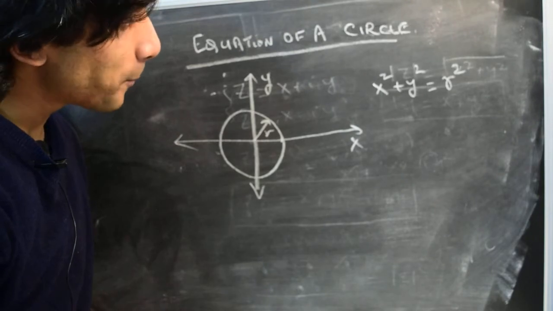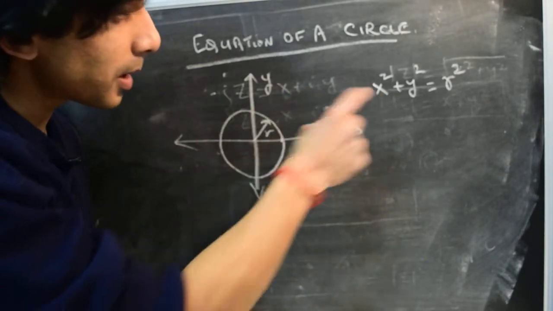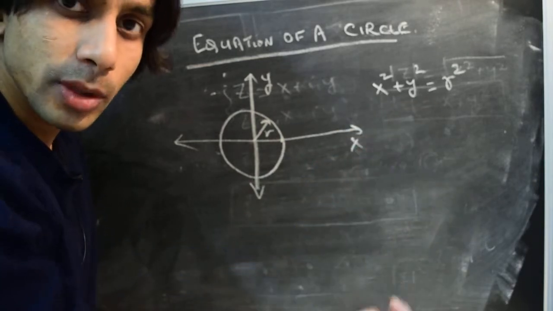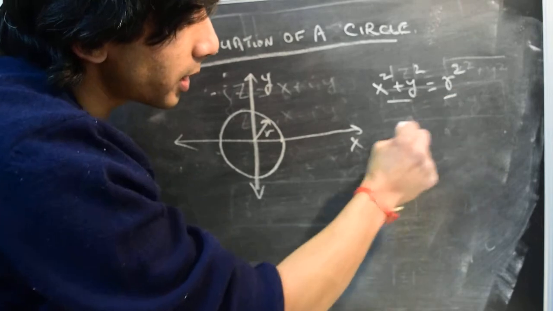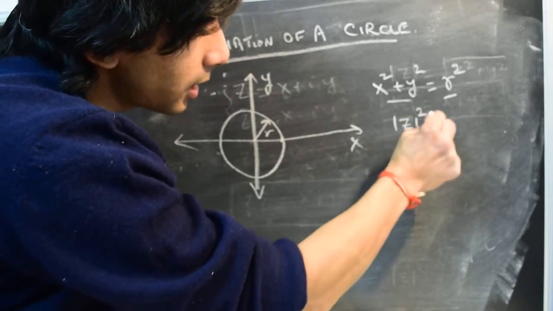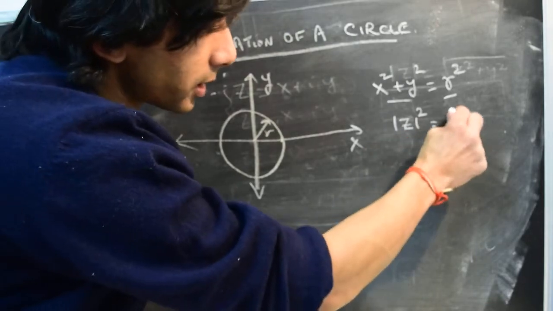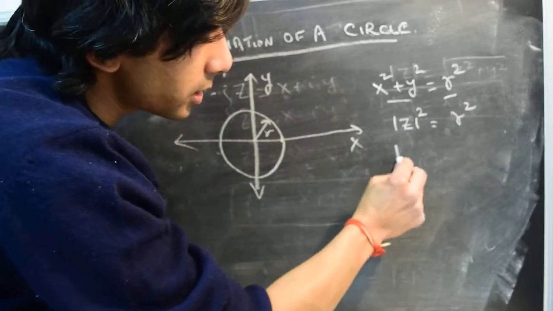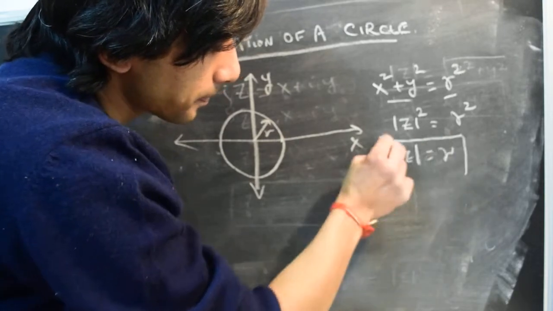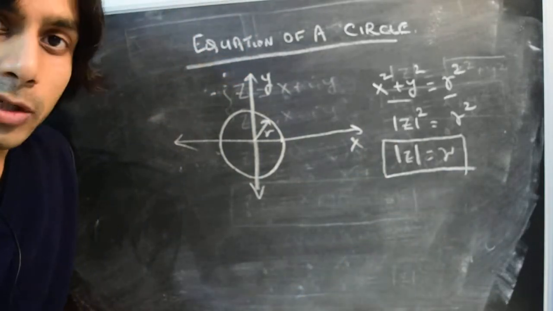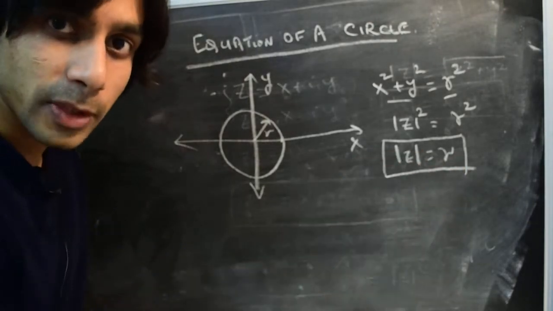In this case, we know that modulus of z square is x square plus y square. Therefore, the equation for a circle centered at the origin can be written as modulus of z square is r square. Or in other words, since modulus of z is always positive, we can write modulus of z is r. So this is the equation for a circle centered at the origin of radius r in terms of the complex variable z.